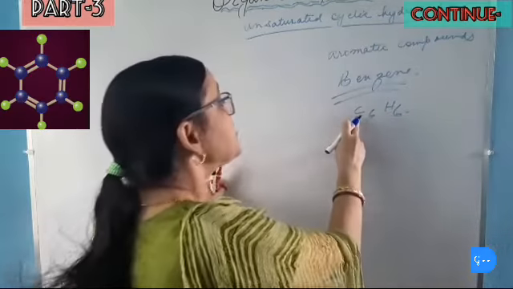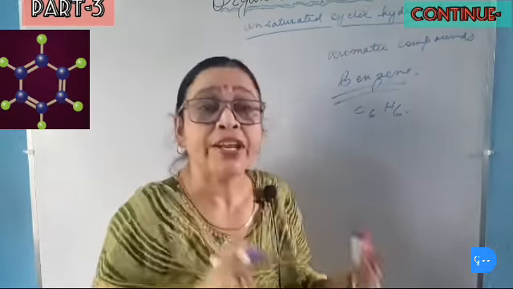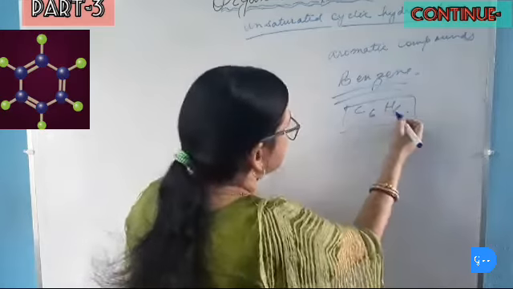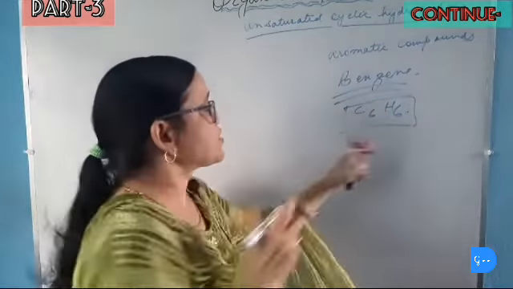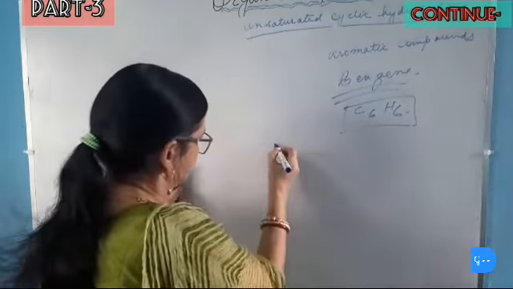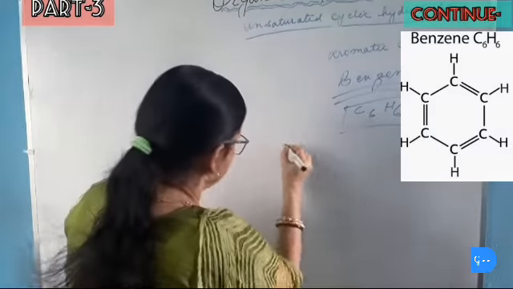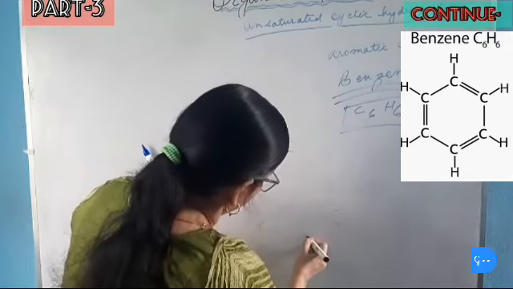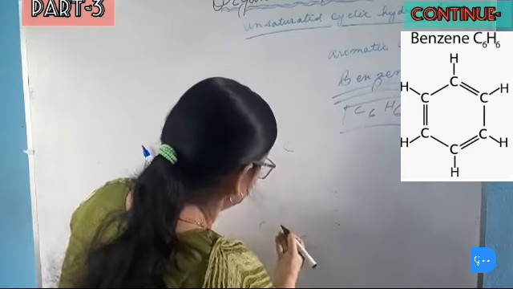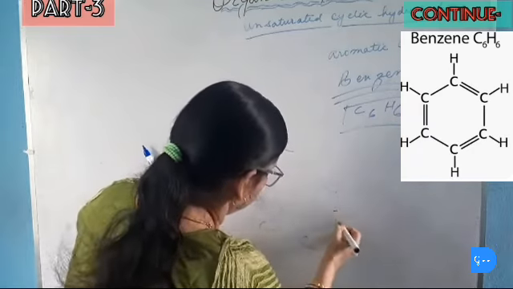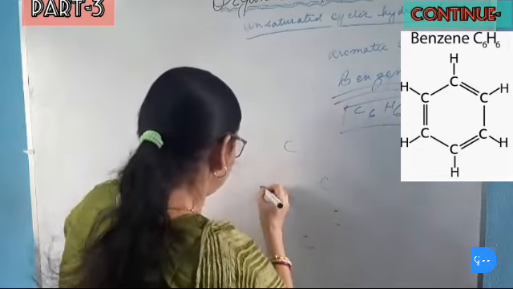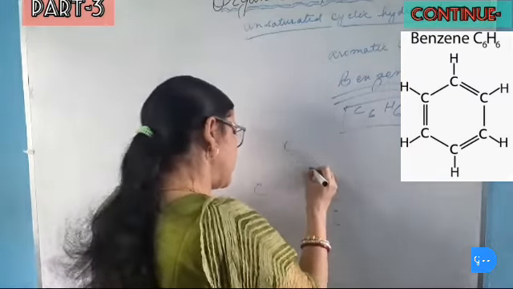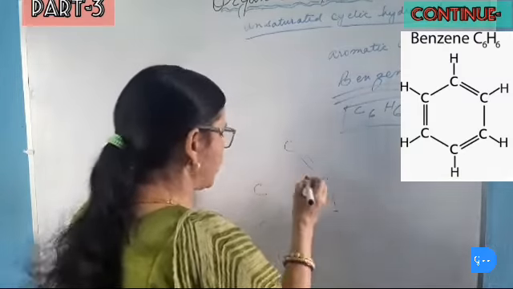It contains 3 carbon-carbon double bonds and 3 carbon-carbon single bonds alternately, and there are 6 carbon-hydrogen single bonds. Now we will draw the structure of benzene. This is carbon. Now there will be double bond and single bond alternately.